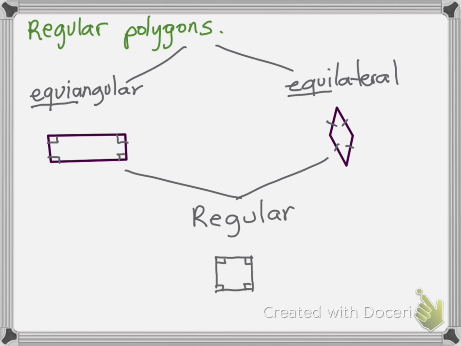It's equiangular, which means all the angles are the same, and equilateral, which means that all the sides are the same. We can also think about all the polygons that have the same kind of characteristics. They can be equiangular, but not equilateral, or equilateral and not equiangular. But if both of them are together, then they are classified as regular polygons.